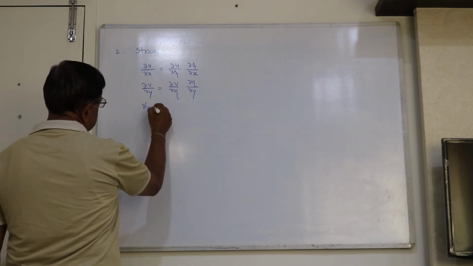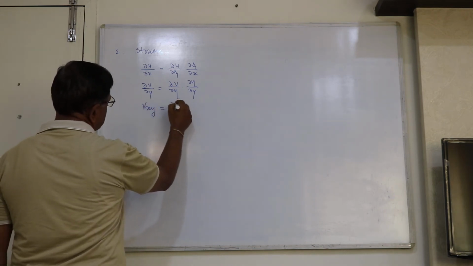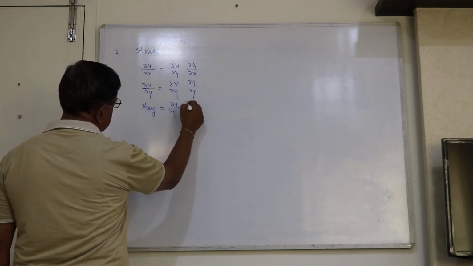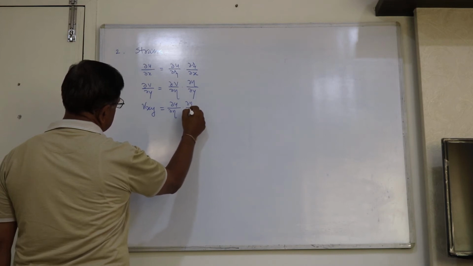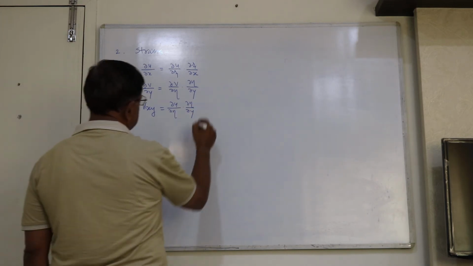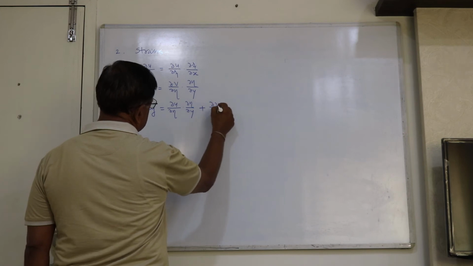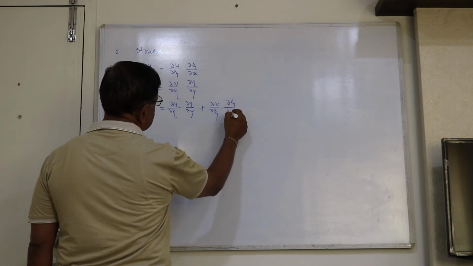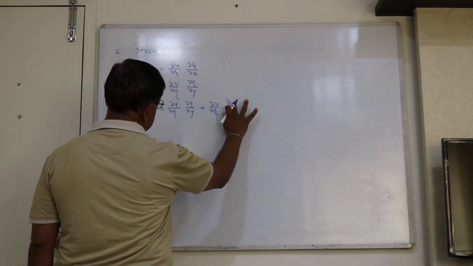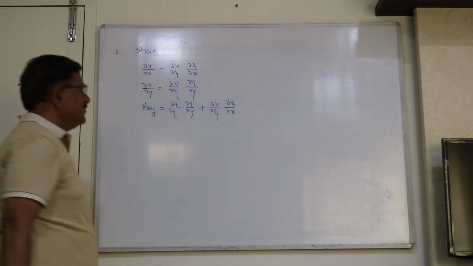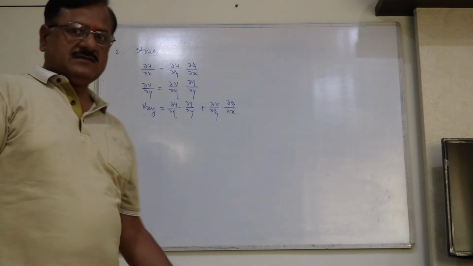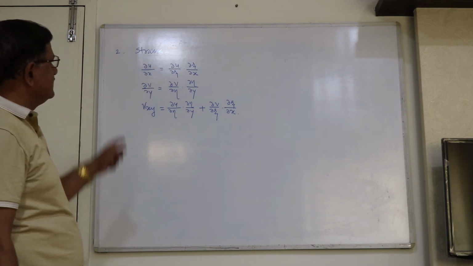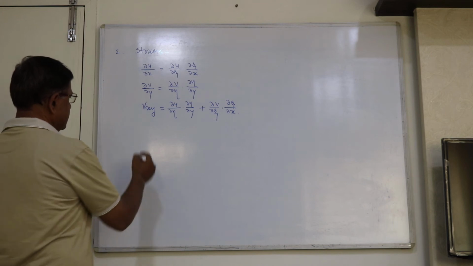And gamma xy is equal to del u by del eta into del eta by del y plus del v by del xi into del xi by del x. So now with these differentiations, we can calculate the strain displacement relations.